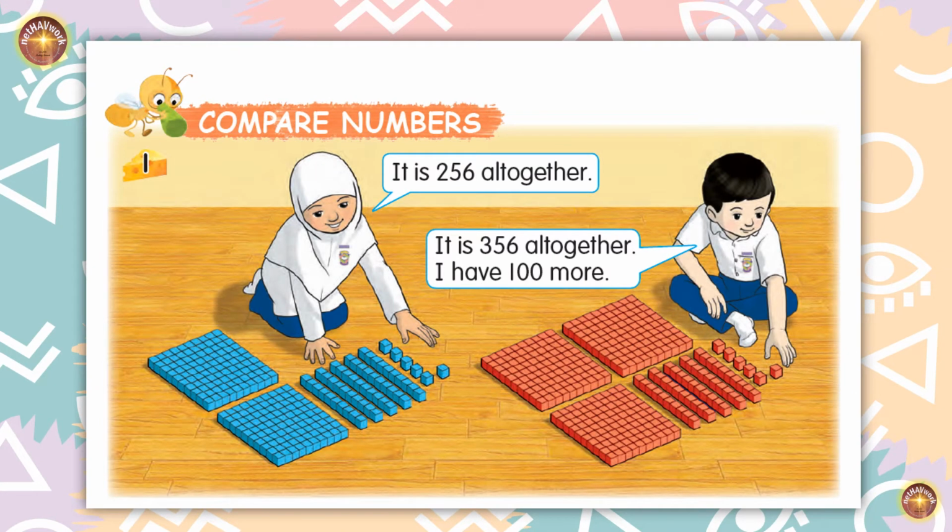Alright, so for our activity today, let's compare numbers. We look at example number 1. It is 256 all together. It is 356 all together.